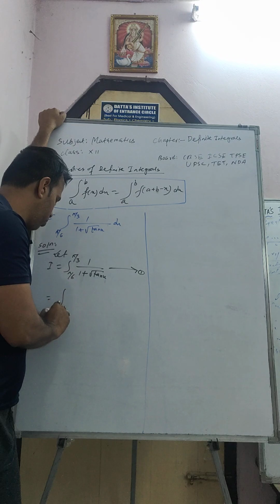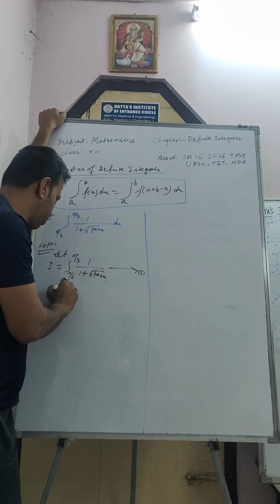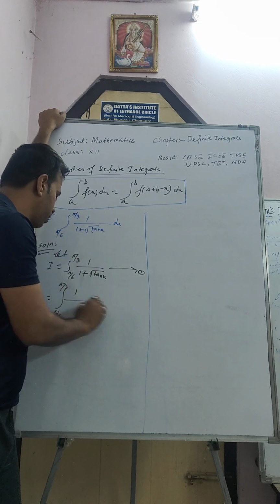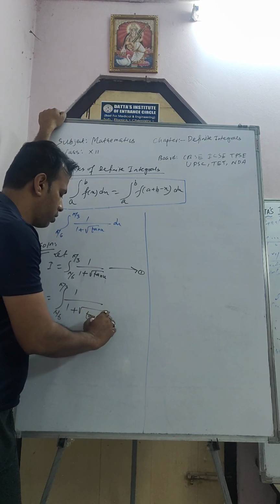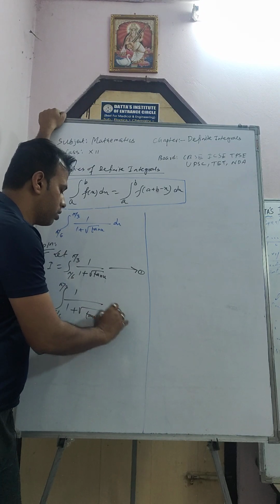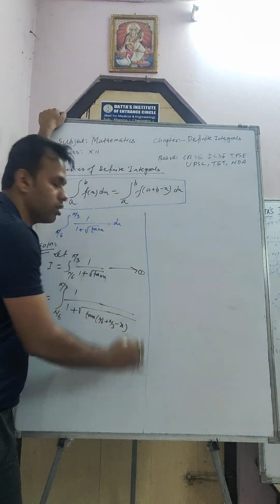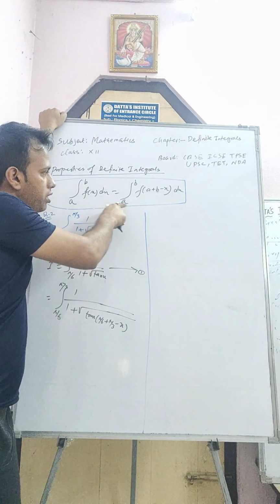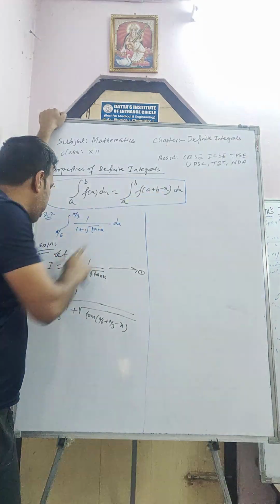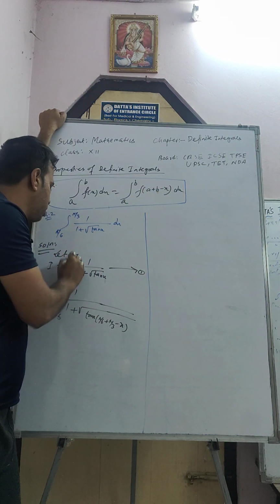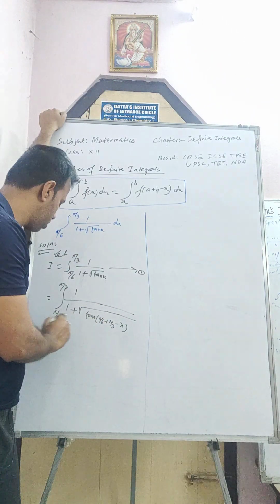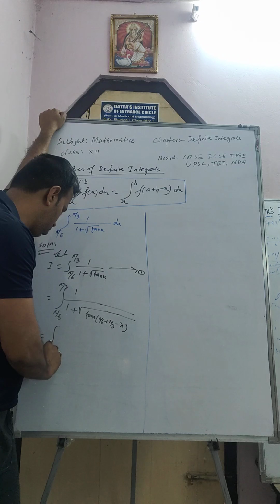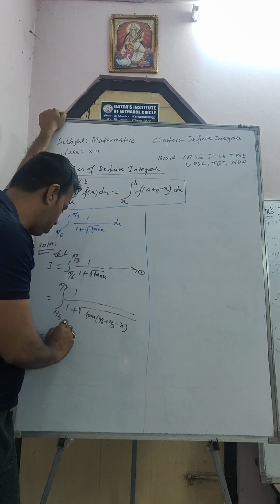If I use the property, what will it become? x will be replaced by a plus b minus x. Here a is pi by 6 and b is pi by 3, so pi by 6 plus pi by 3 minus x.